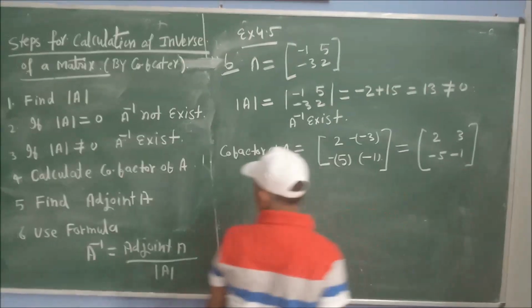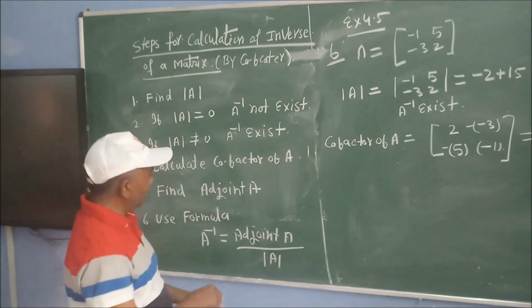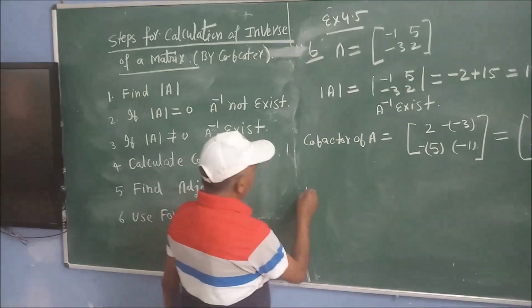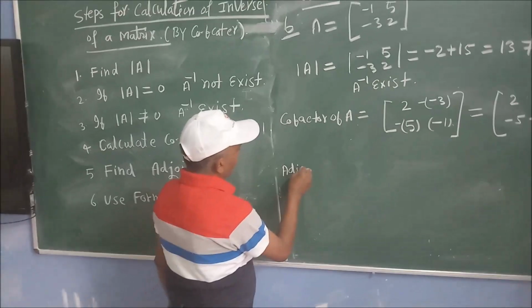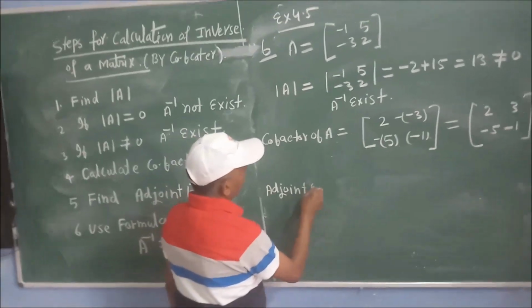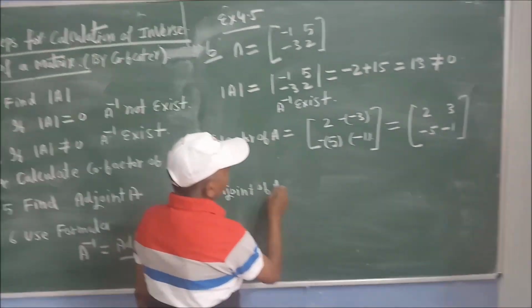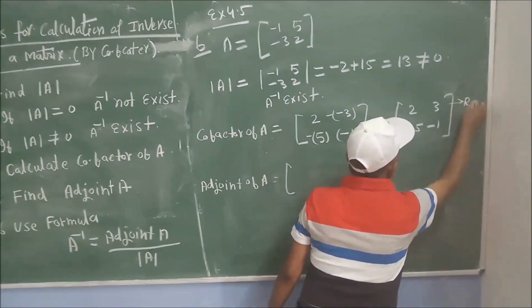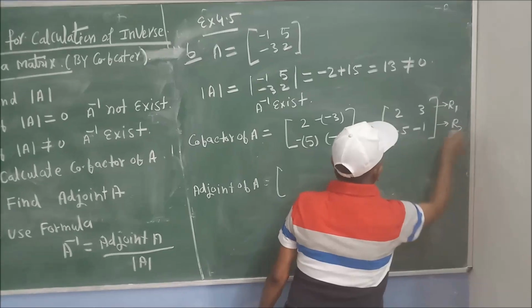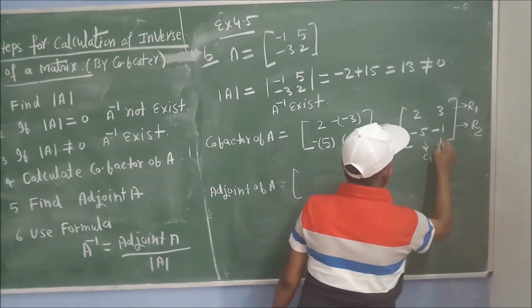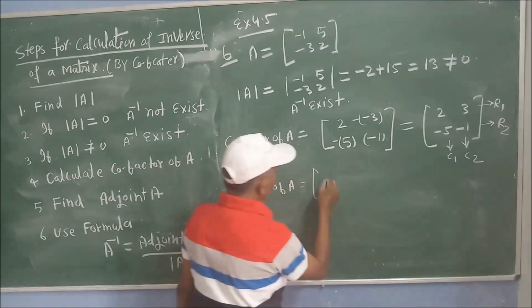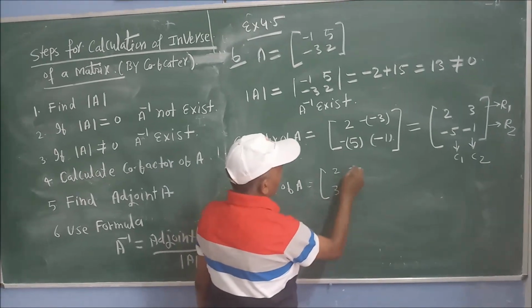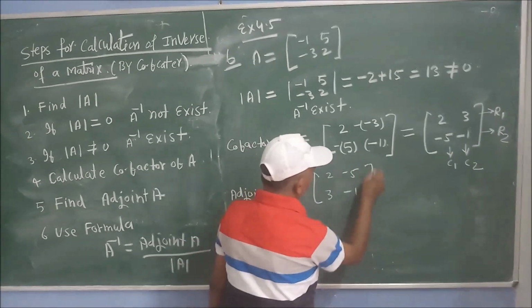After that, the next step is calculate adjoint A. So adjoint of A is equal to changing rows by columns, R1 by C1, R2 by C2. So this is your 2, -5, 3, -1.